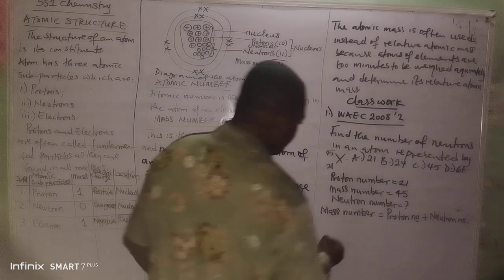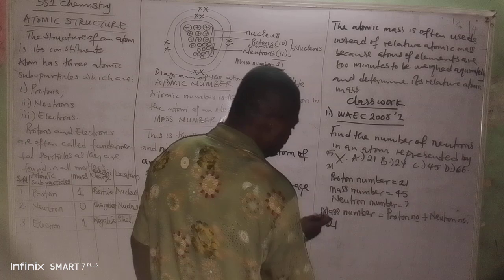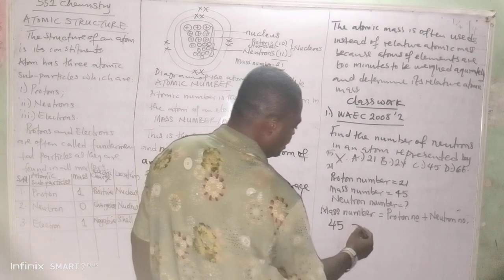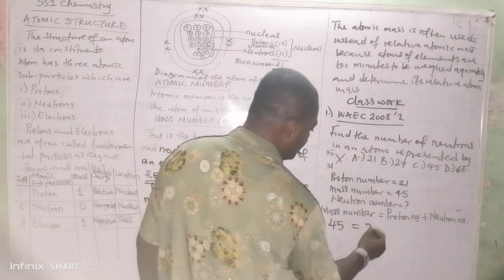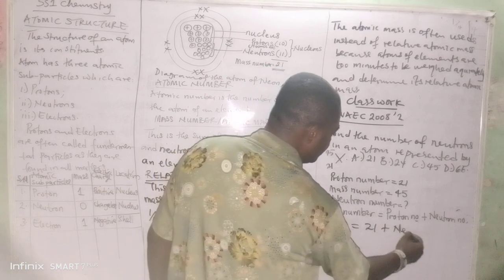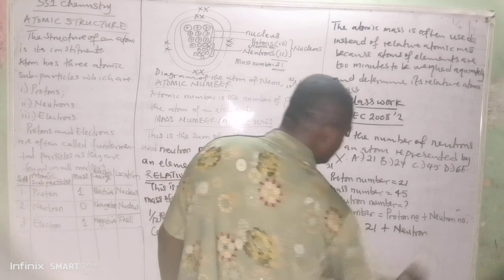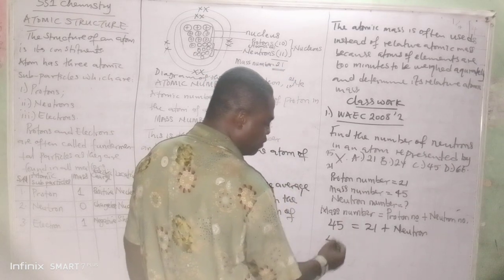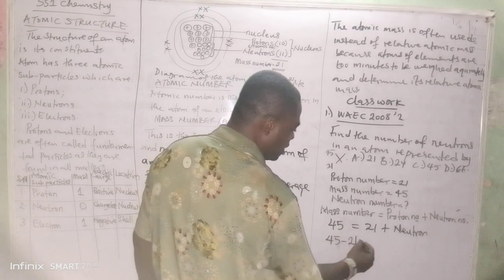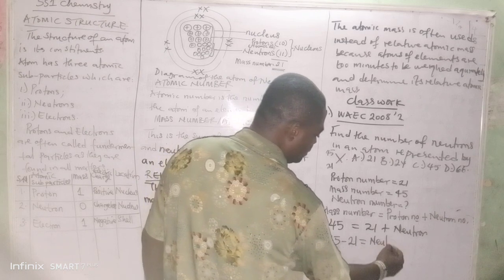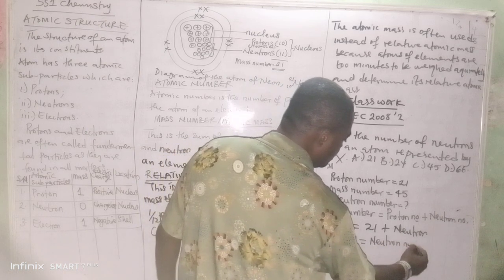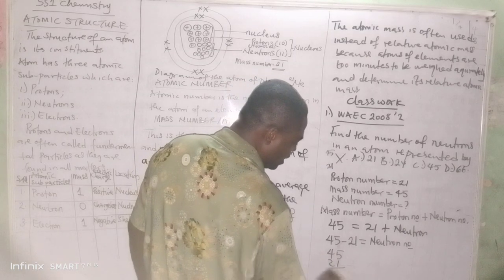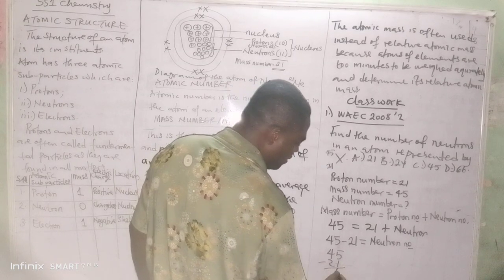So your mass number is 45, equal to the proton number, which is 21, plus the neutron number, which is unknown. So what do we do? Take this 21 to this side. You have 45 minus 21 equals the neutron number. Take away 1 from 5, you have 4.